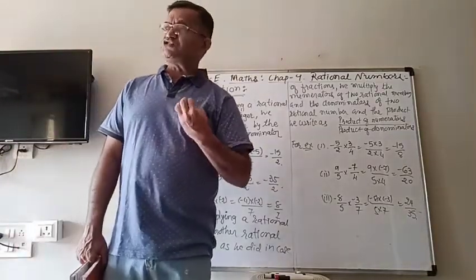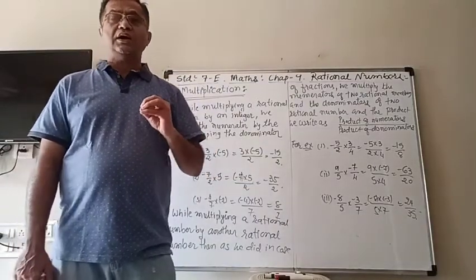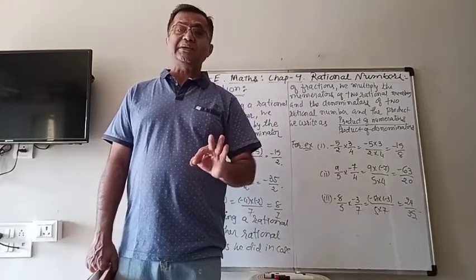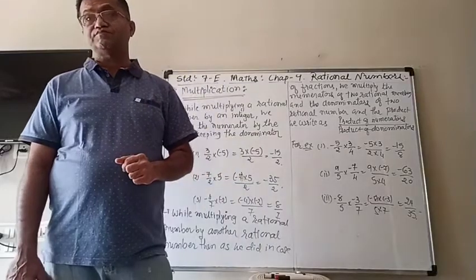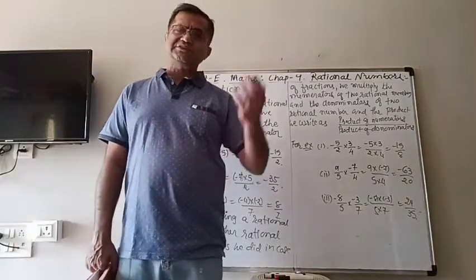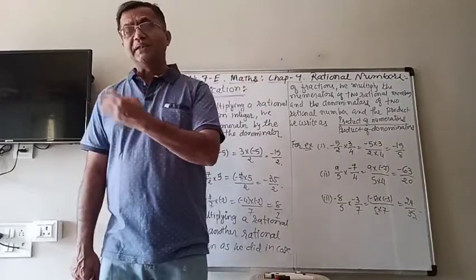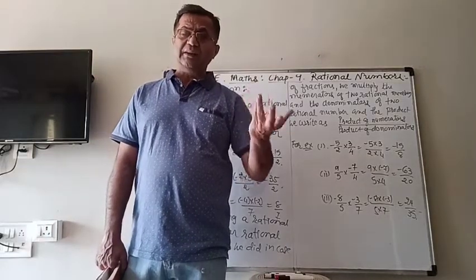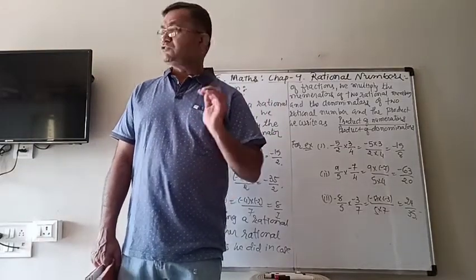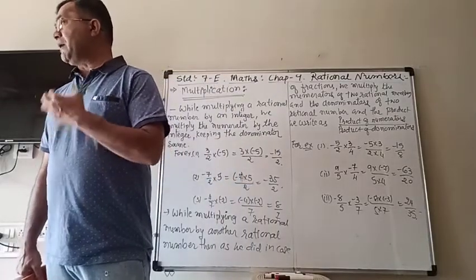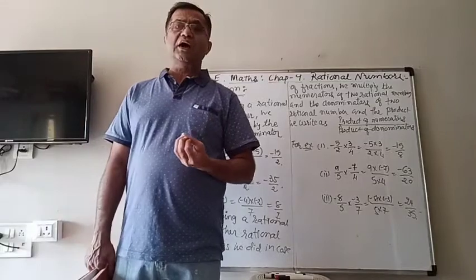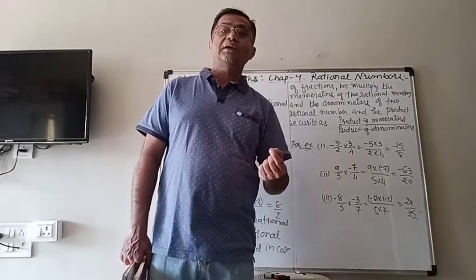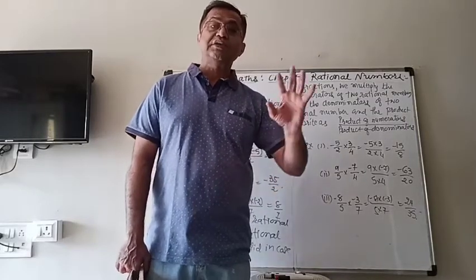Now, first of all, we are going to understand what happens when a rational number is multiplied by an integer. It doesn't matter whether it is a positive integer or a negative integer, except 0, because if you multiply any number by 0, the answer will be 0. That is very simple. But when we multiply a rational number by either a positive or a negative integer, what to do?